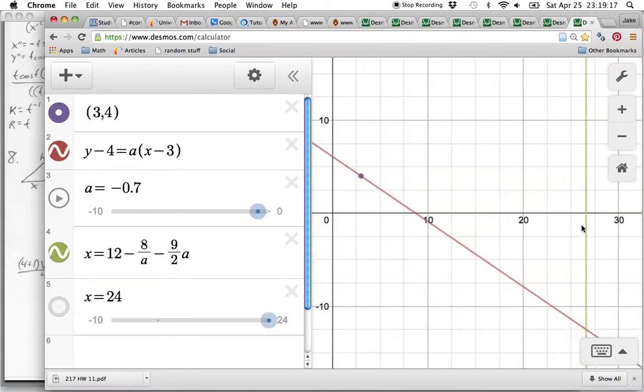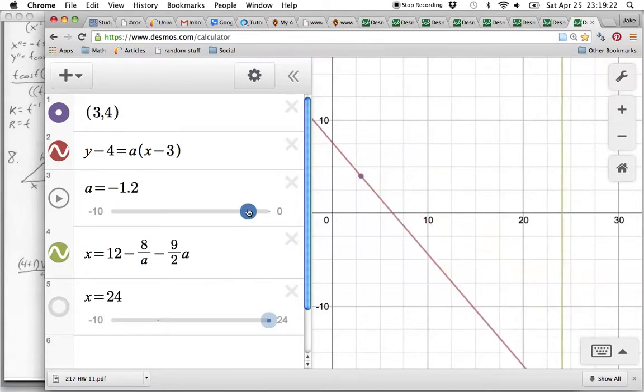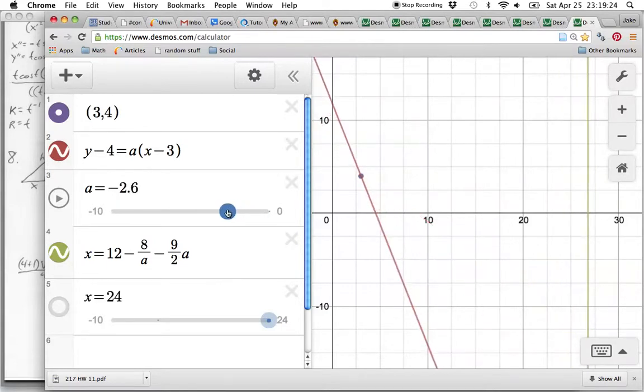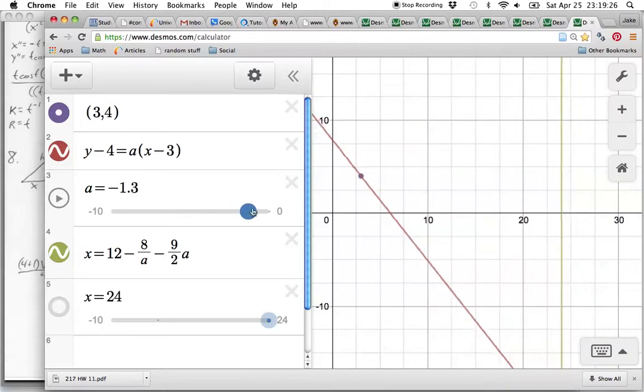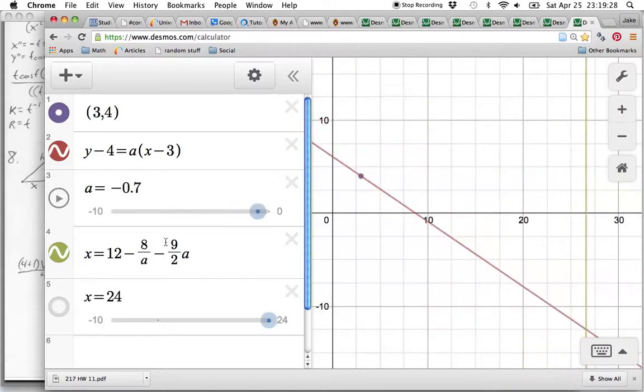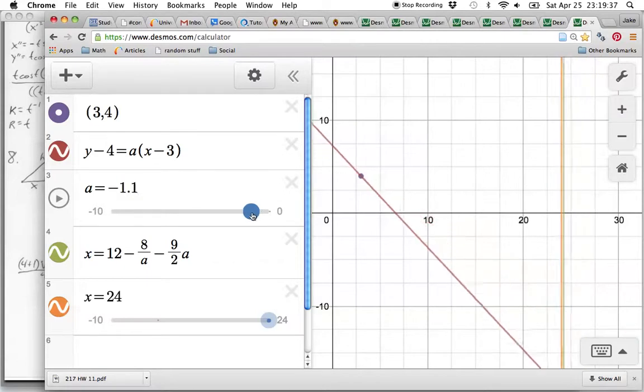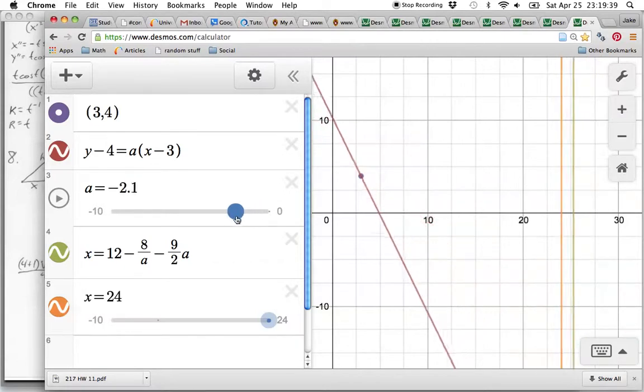So this value here represents the area. So you can see that at some point it gets smaller, but then starts getting bigger again. This is the line that I found for my smallest area. You can see I'm going to approach that, touch it, and then start going back.